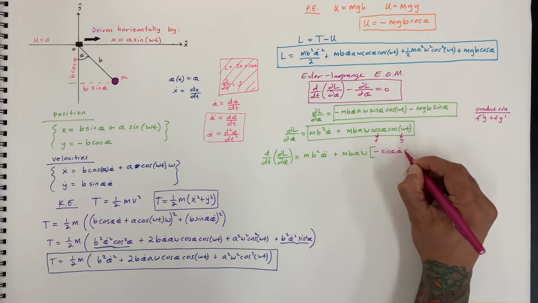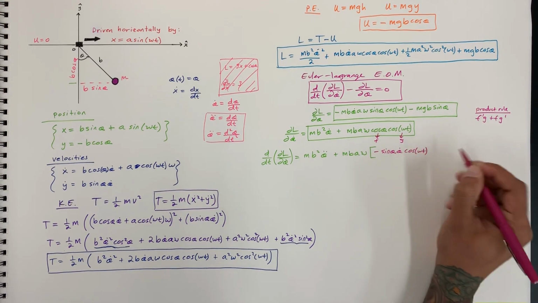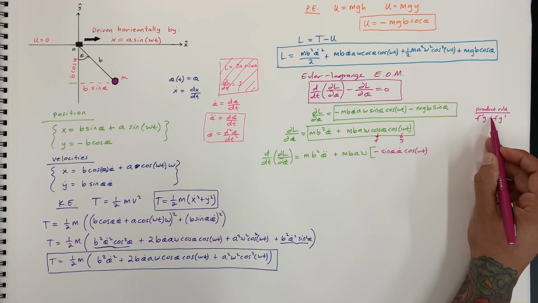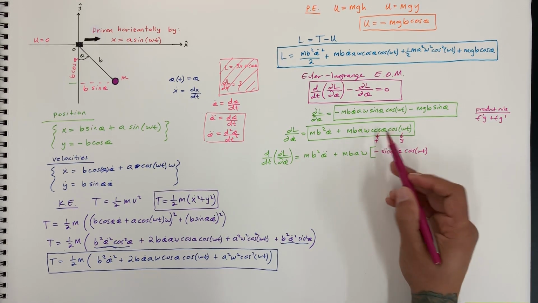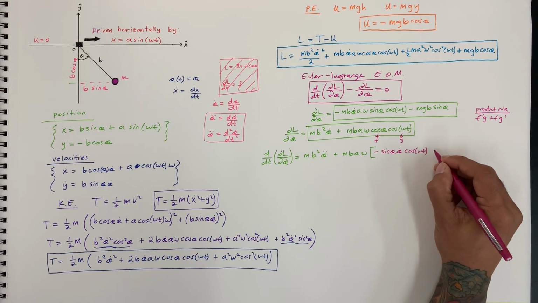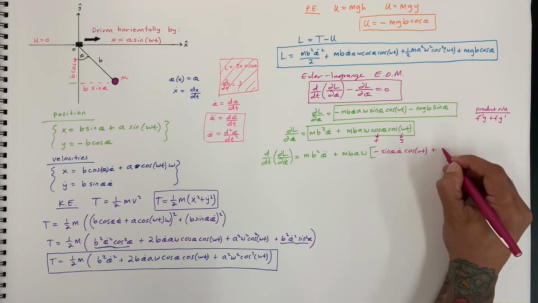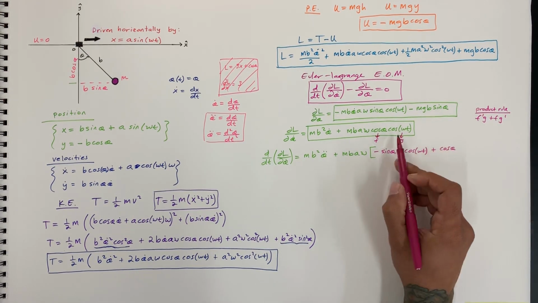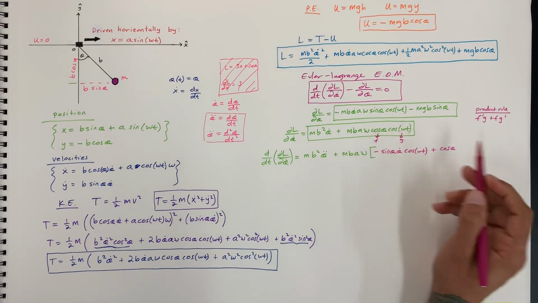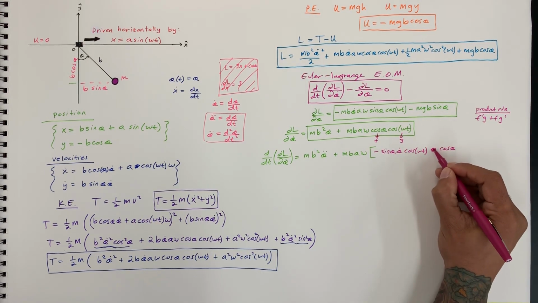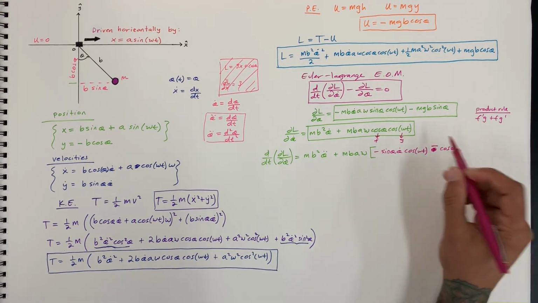G comes along, okay? And now plus this second term here, and the derivative of g. The derivative of cosine is going to be negative sine. So let's change this already to negative.